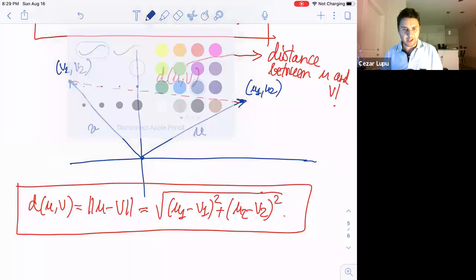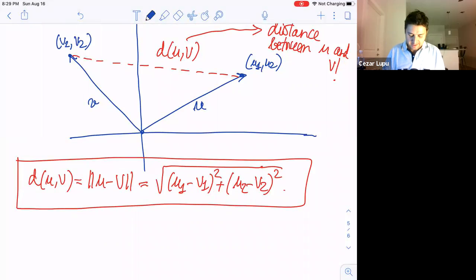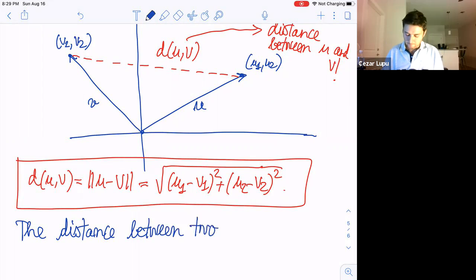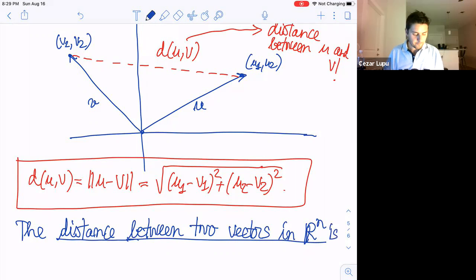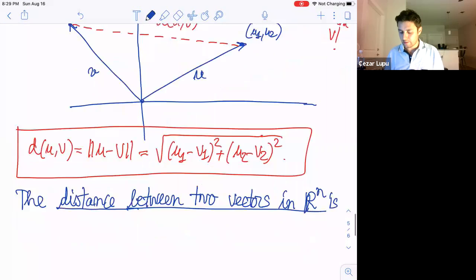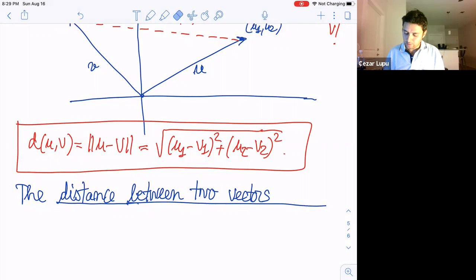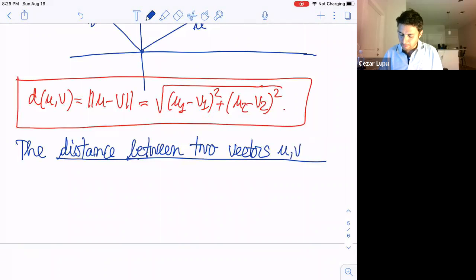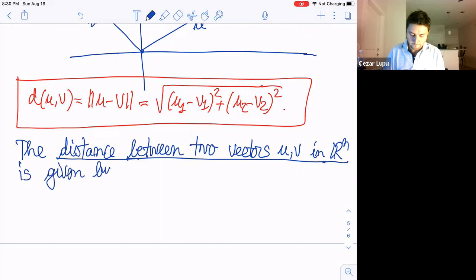Now I will state it one more time. The distance between two vectors in Rn this time, so we can generalize this, okay, let's call these two vectors u and v in Rn, is given by d(u,v) is the length of u minus v.